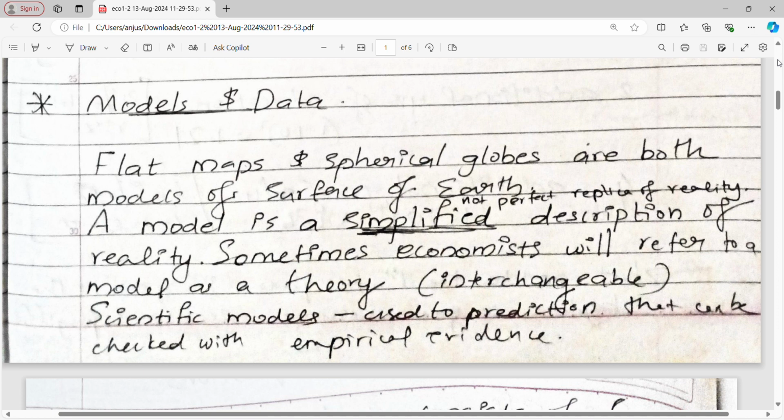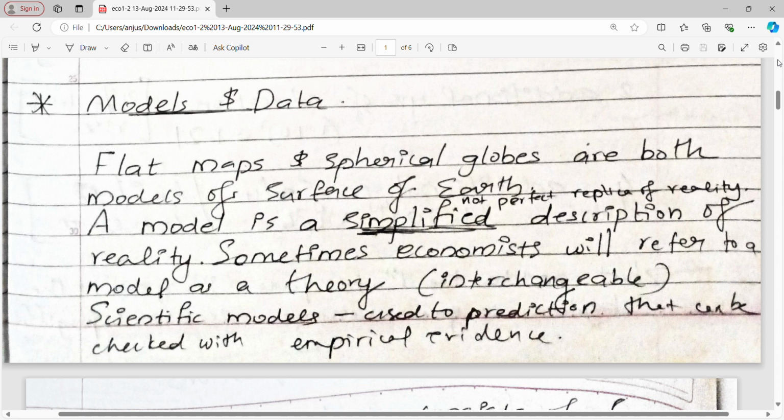So a model is a simplified description of reality. The model cannot be a perfect replica of reality. It is just a simplified description of reality. Sometimes economists will refer to a model as a theory or a theory as a model; they can be used interchangeably.